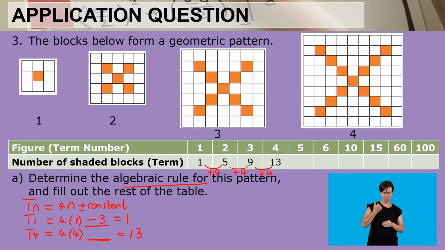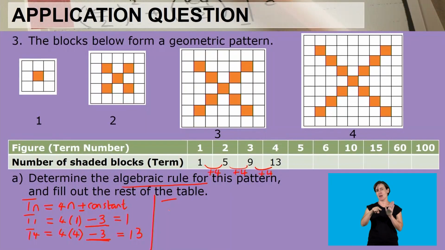Now how do we move from 16 to 13? Yes, we are going to subtract 3. So it's quite clear that the constant that we need is actually a minus 3. So our rule now is the 4 from the constant difference multiplied by the term number, and we are subtracting 3.